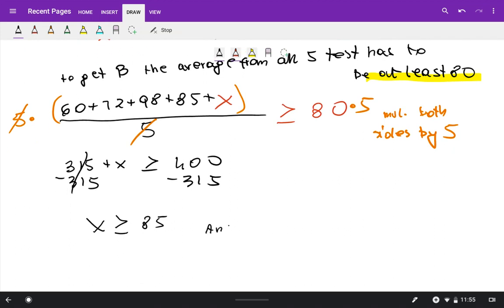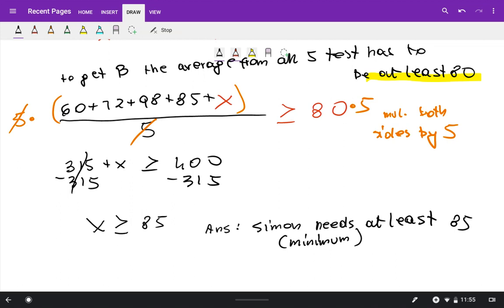So the answer is Simon needs at least, which also means minimum, his minimum test score at least 85 to get B from math class.